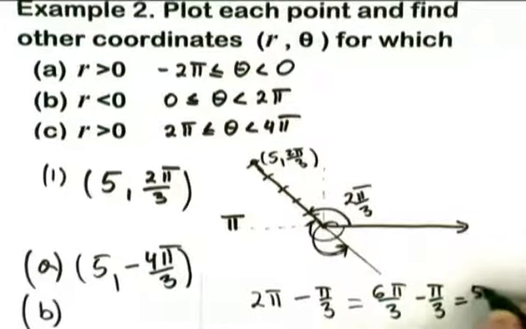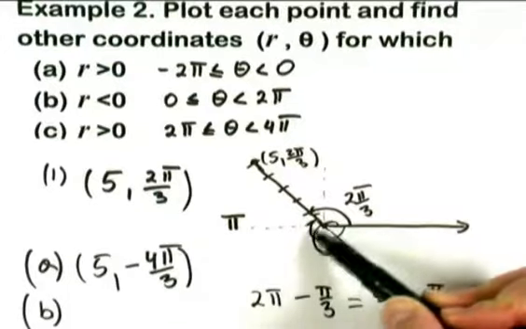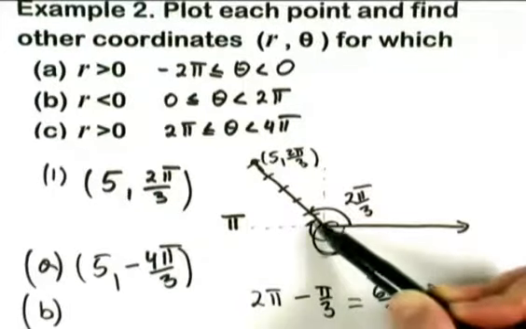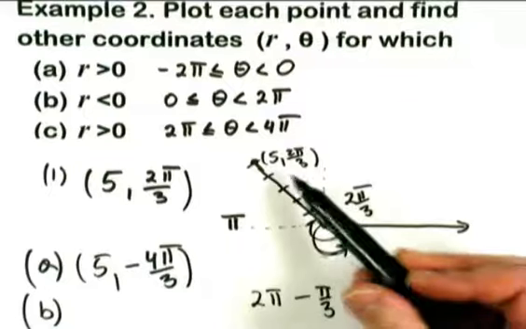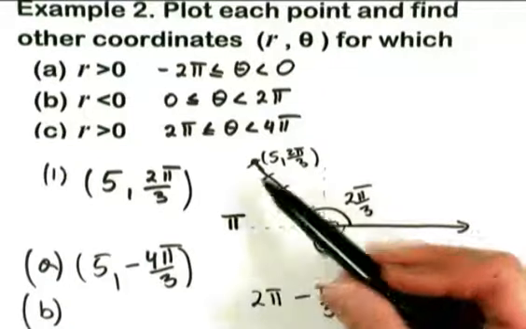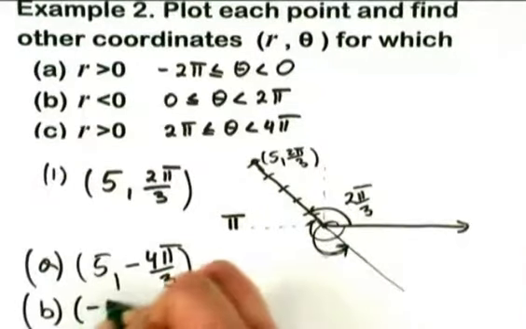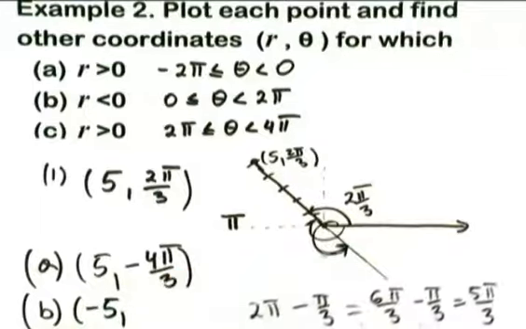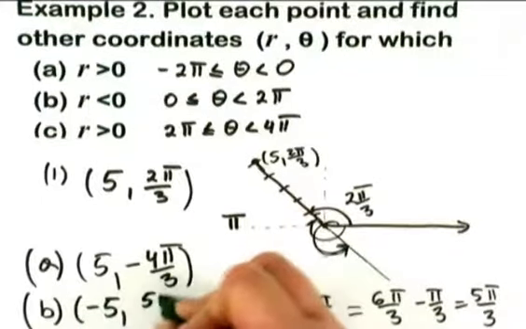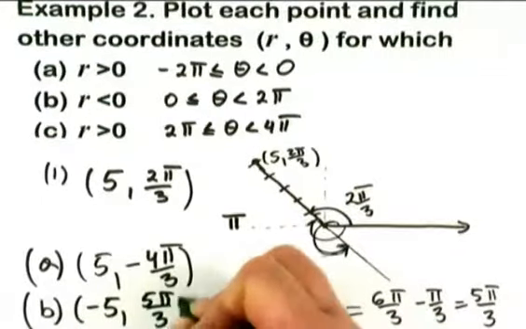That gives me 5 pi over 3. So the angle 5 pi over 3 is going to be right here. And now I have negative direction, so I'm going to this point. So B is going to be minus 5, and my angle is 5 pi over 3.